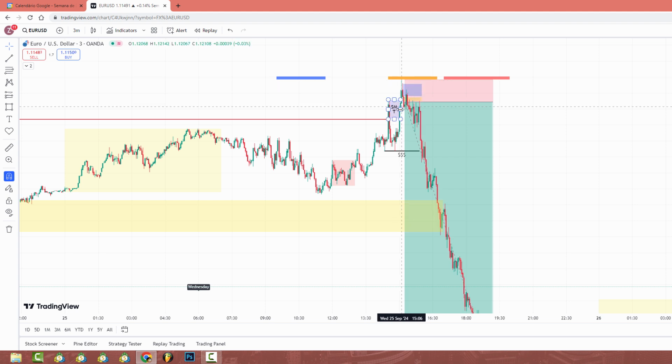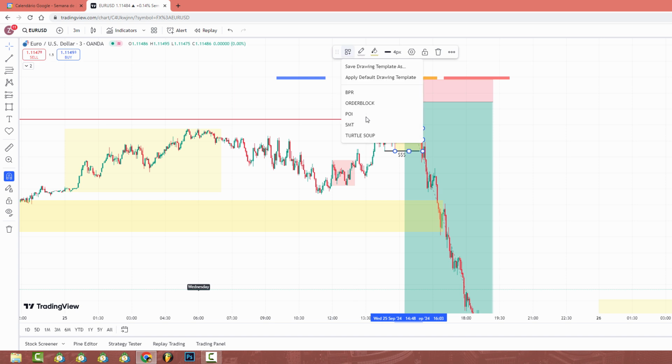Every smart money trader here got taken out. So if this was a trap, this most likely will become a trap too, because smart money traders will long it.